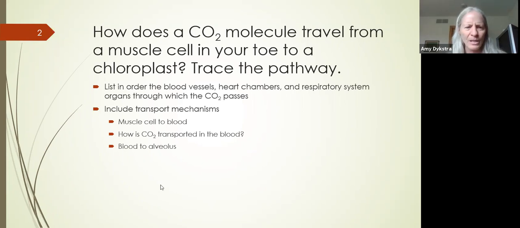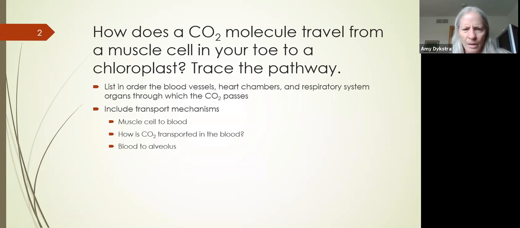Yes, okay. So hopefully you listed the blood vessels and the heart chambers and the respiratory system passageways and all the various transport mechanisms. I don't know if you guys included how CO2 gets converted into bicarbonate ions, but that would be good.